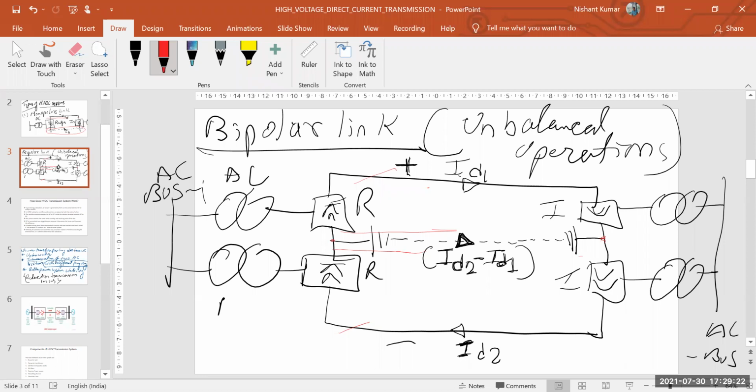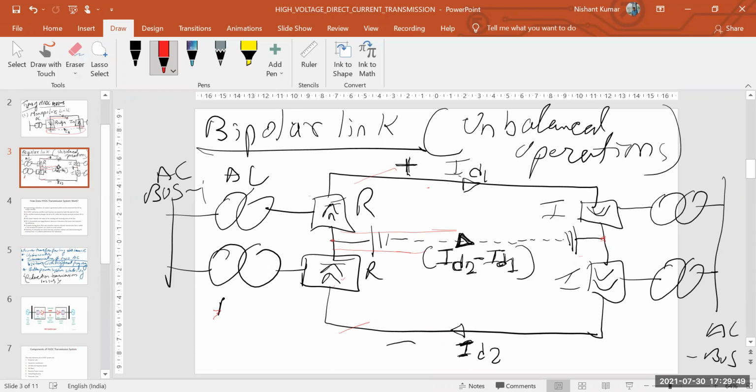Now at each terminal of a bipolar link or bipolar system, there would be two converters of equal rating. You will have two converters of equal ratings connected in series.